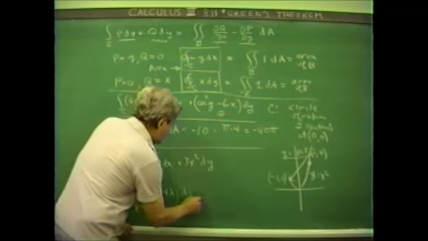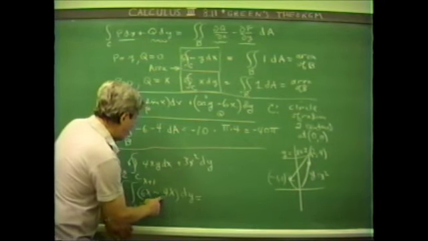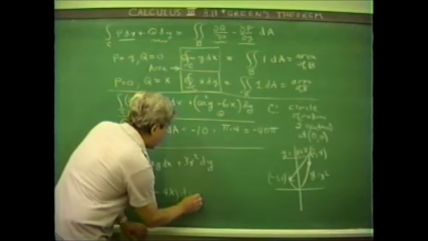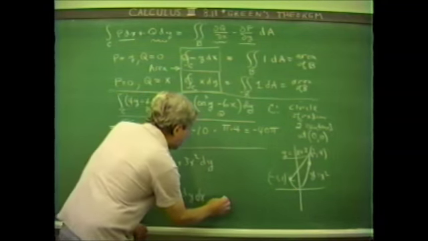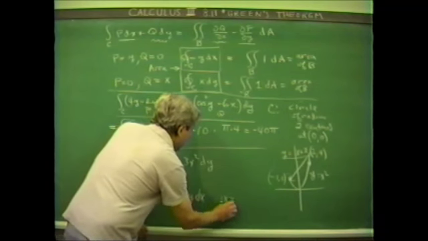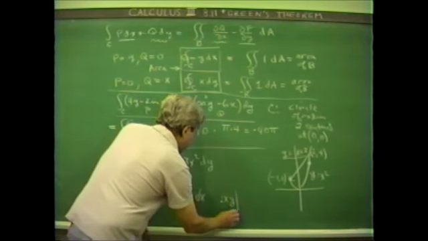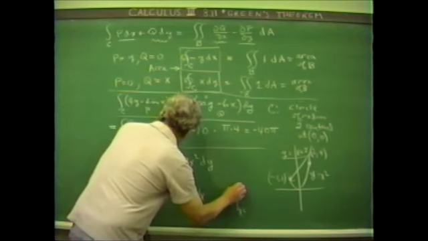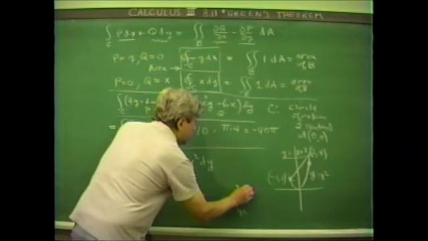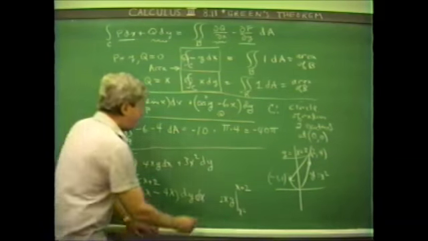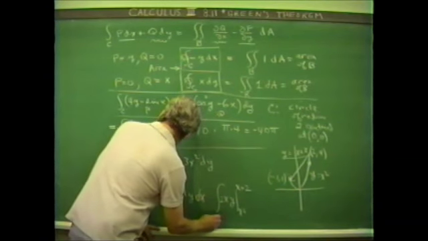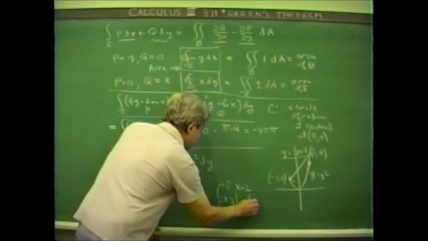And evaluate this integral. This is going to be what? 2x, and this is with respect to x now. This is going to be 2x, and I integrate with respect to y, so it's going to be 2xy evaluated from y equals x squared to x plus 2. Right? And then the integral of this from minus 1 to 2 with respect to x.